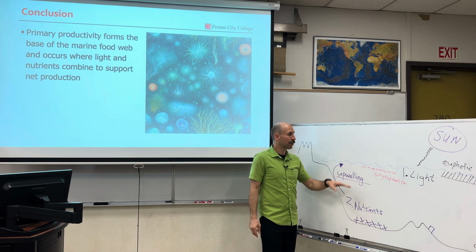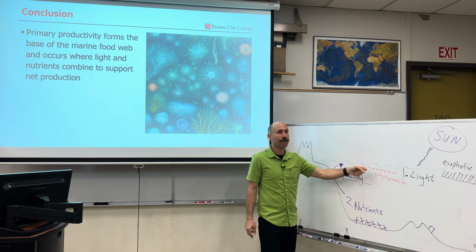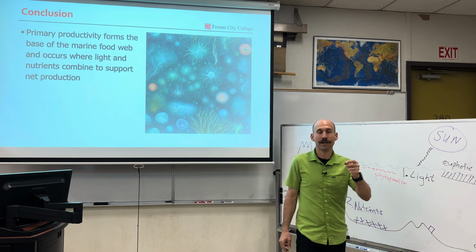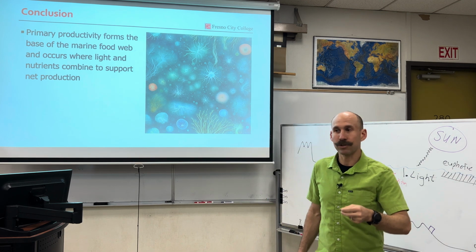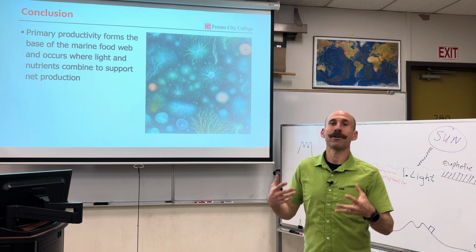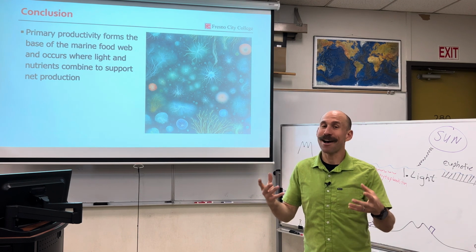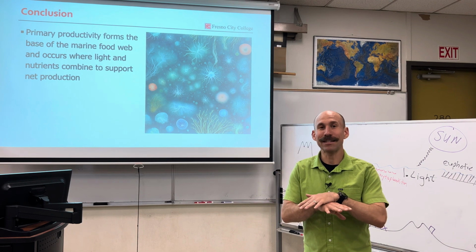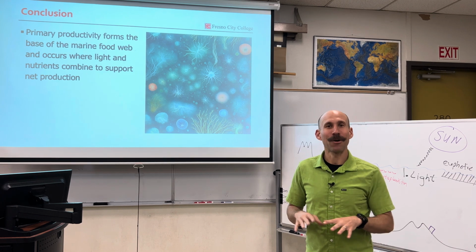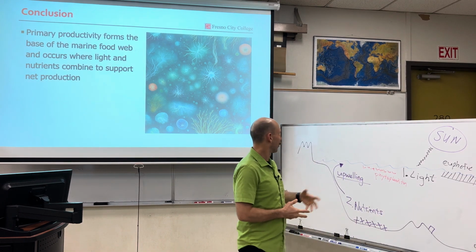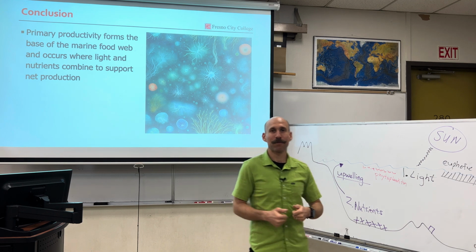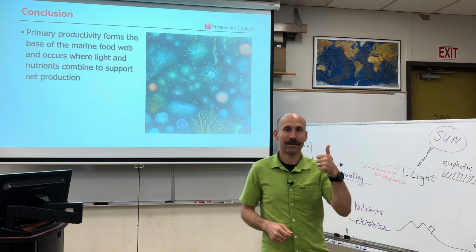Now, when you get nutrients and you get light together, you can have reproduction of our primary producers, leading to net primary production, forming the basis of the food web that feeds all marine organisms. So, marine biology, primary production, light, and nutrients.